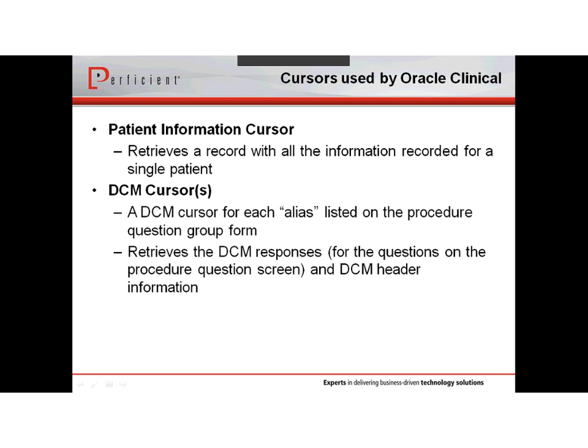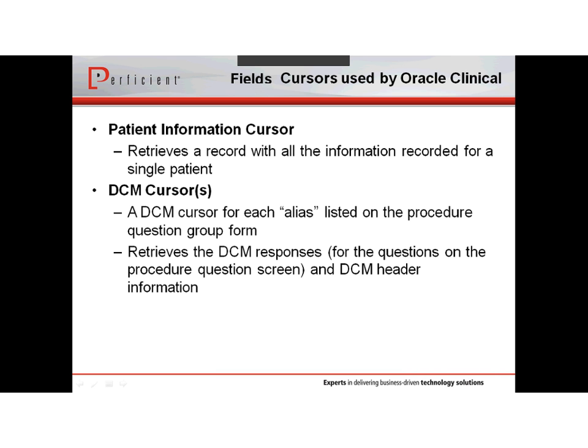Well, that record becomes a DCM cursor. And that DCM cursor retrieves the DCM responses that you specify on the next level screen, the question screen, and also certain DCM header information, like the DCM date, like the visit number, and we'll talk about what other information is retrieved in a little while. But it basically has those two cursors, and these are the cursors that are going to loop within loops within loops.